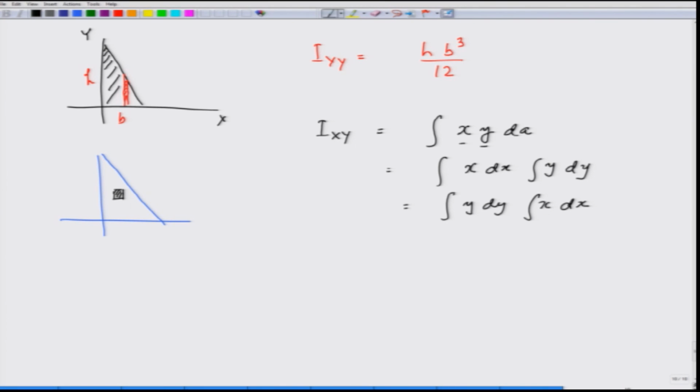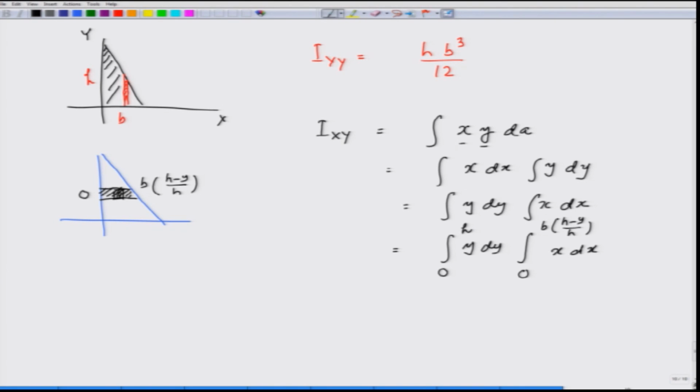Now, if I were to perform the x integral, notice that x in this strip is going to be from 0 to b (h minus y) over h, up to this distance, and therefore this integral becomes the integral of y dy, where y varies from 0 to height h, times the integral of x dx, where x varies from 0 to b (h minus y) over h.